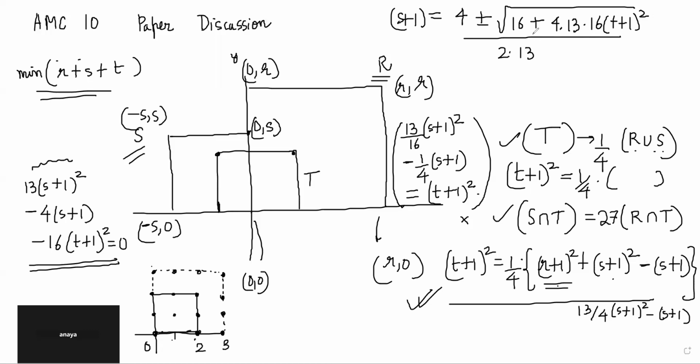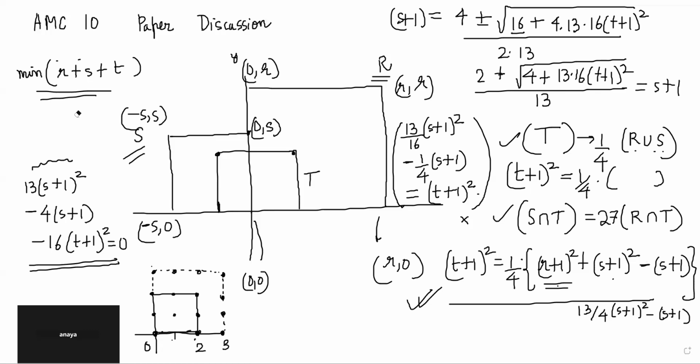You can take a 4 common from here and that will come out as a 2. You will get 2 plus minus root over 4 plus 13 into 16 T plus 1 whole square divided by 13, right? Yeah. We can't use the minus sign because that will make it negative. So S plus 1 is basically going to be the plus option here.